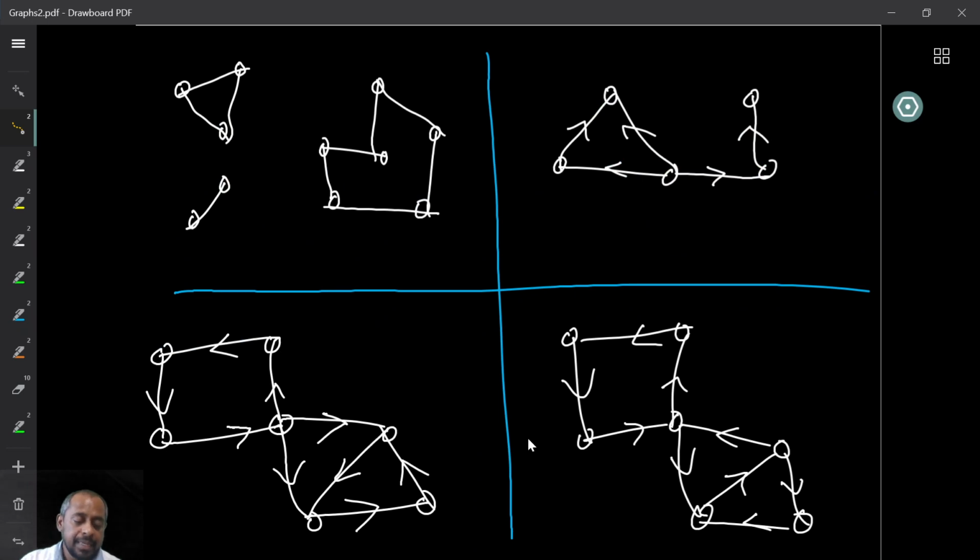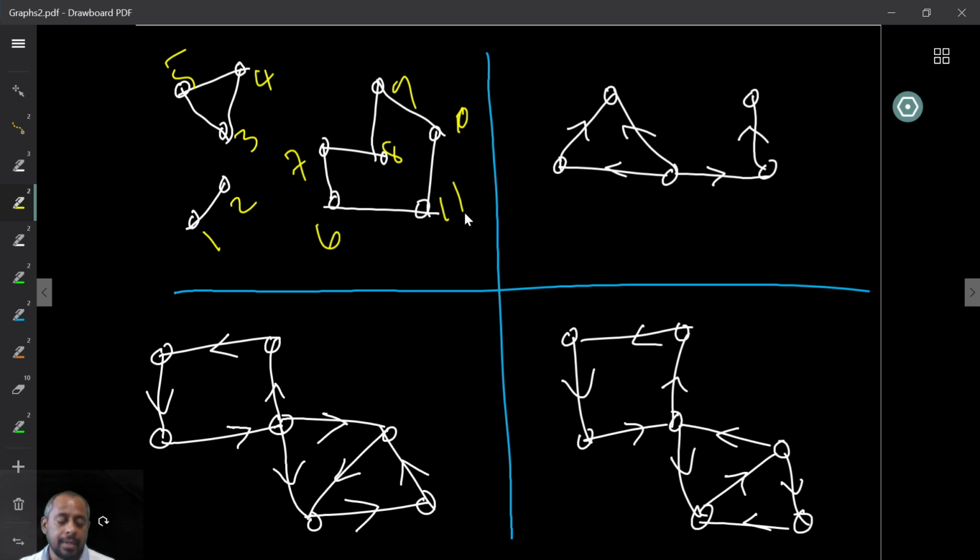Now, here are some examples of graphs which are not connected. So here is one example of a graph which is not connected, because if I take any two of these vertices, let's say we give some names 1, 2, 3, 4, 5, 6, 7, 8, 9, 10, and 11, I can go from 1 to 2 or 2 to 1, but I cannot go from 2 to 3, for example, or 2 to 6 or 3 to 6. These are not possible.